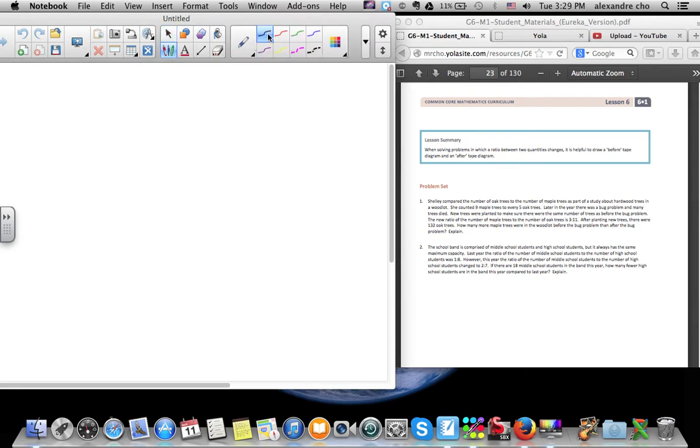So, here we go. We have right over here 9 maple and 5 oak. That was before, and before the bug problem. After the bug problem, the new ratio of maple trees to oak trees was 3 to 11.